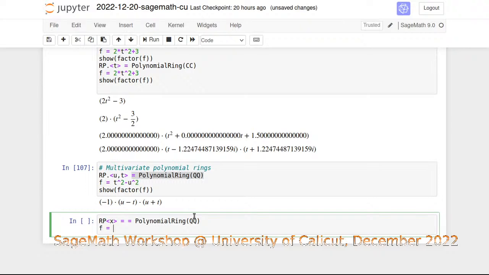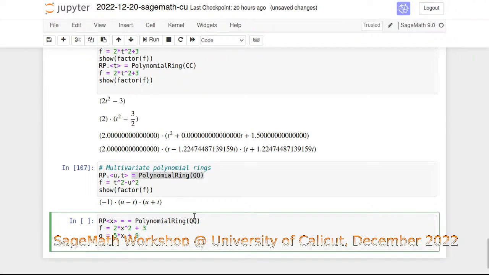Suppose we take f equal to 2x square plus 3 and g equal to 5x plus 9. So if we take this, let us try to see what this f by g is.